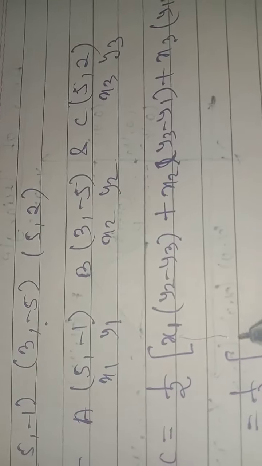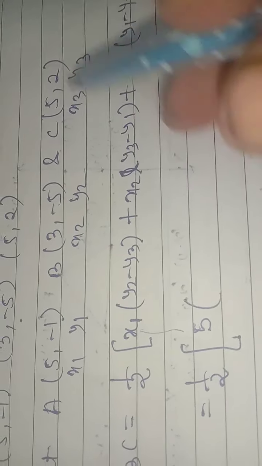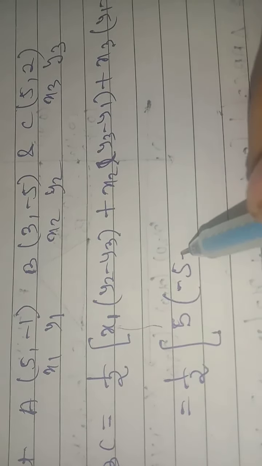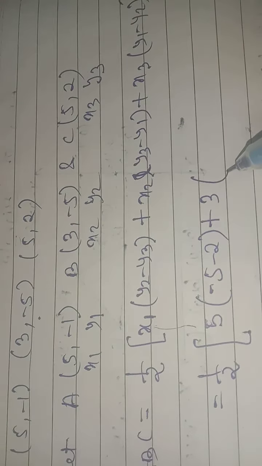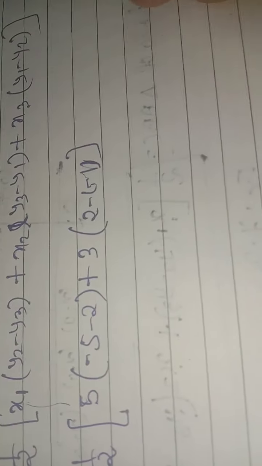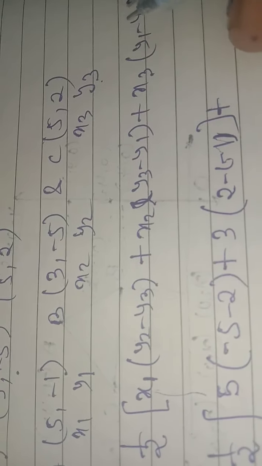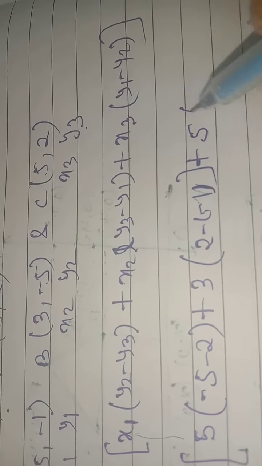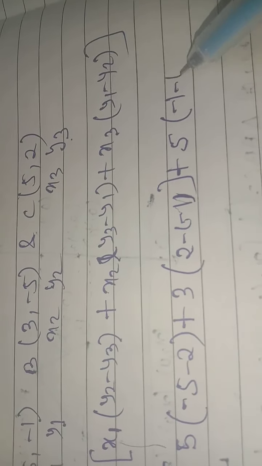The value of x1 is given as 5 and y2 minus y3 can be written as minus 5 minus 2, plus x2 which is 3, now y3 is 2 minus y1, minus minus 1, plus x3. The value of x3 is 5 and y1 minus y2, it is minus 1 minus minus 5.